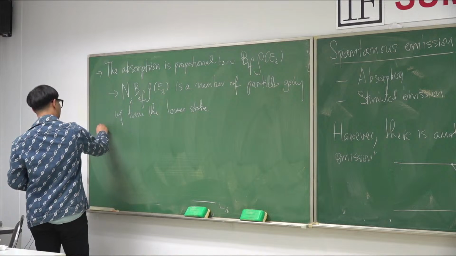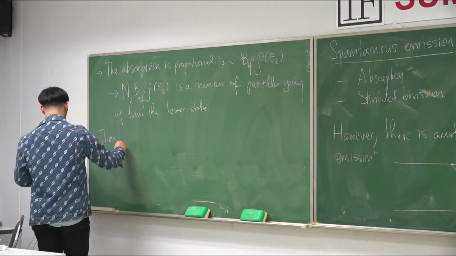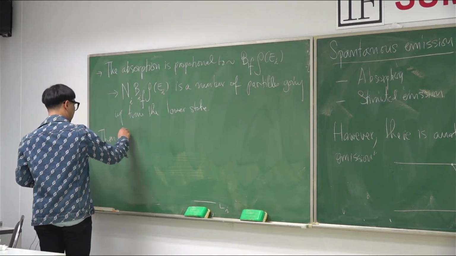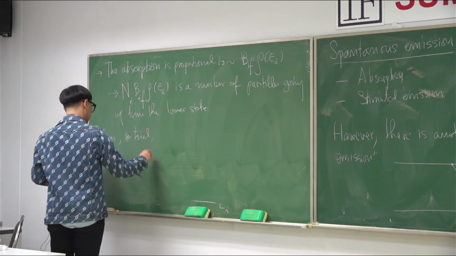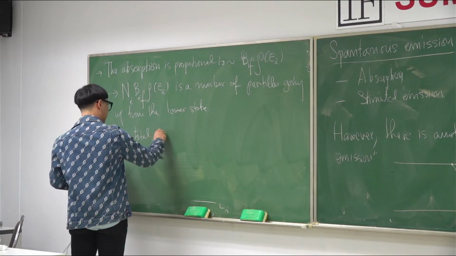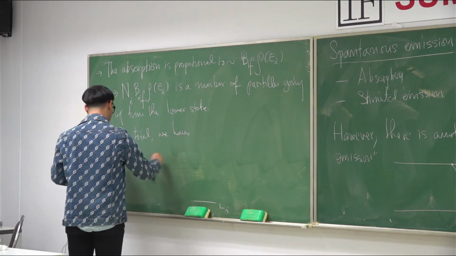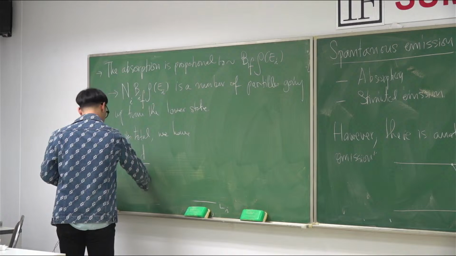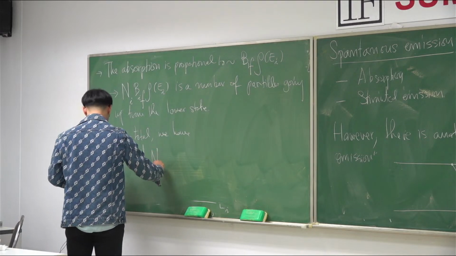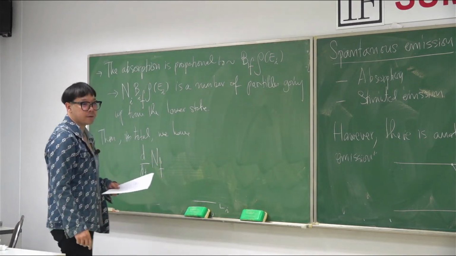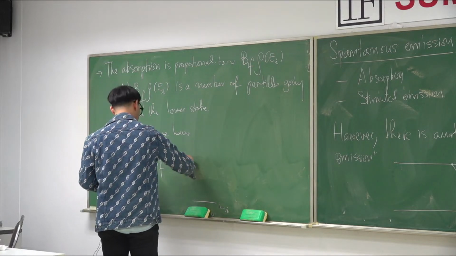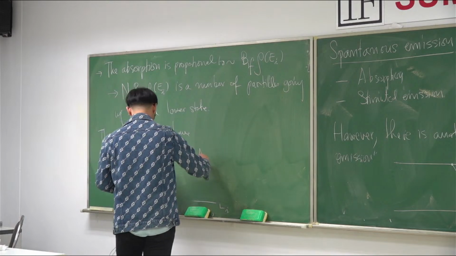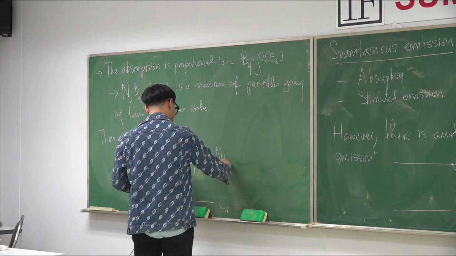Then in total, we have the rate of change of this NF. You can compute this by combining all of this.